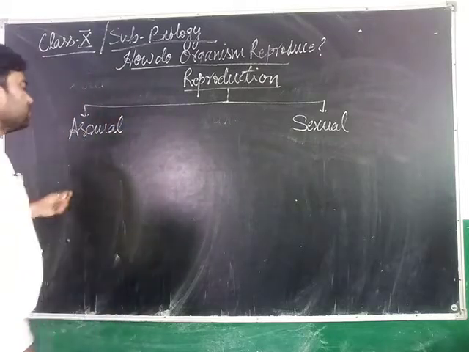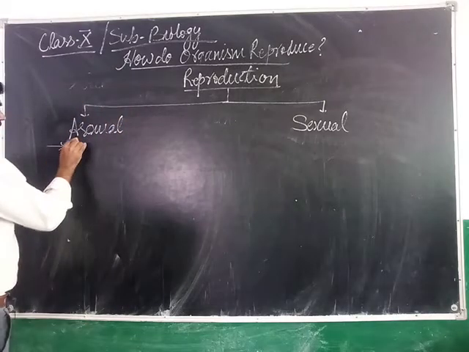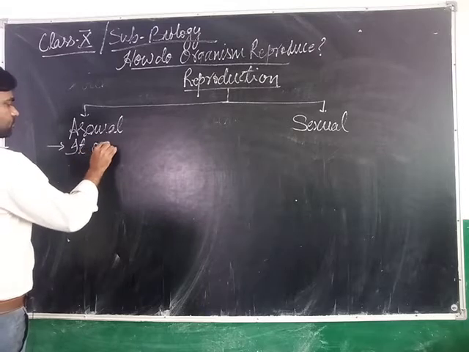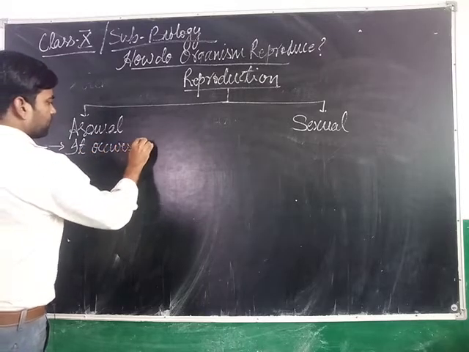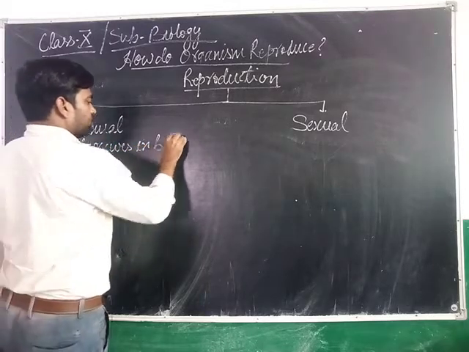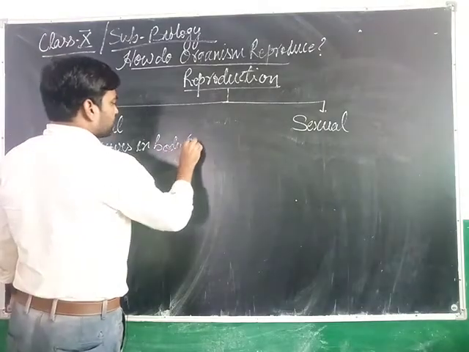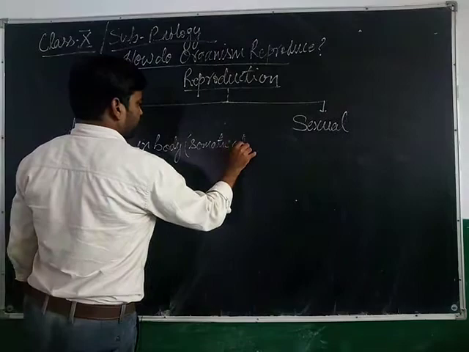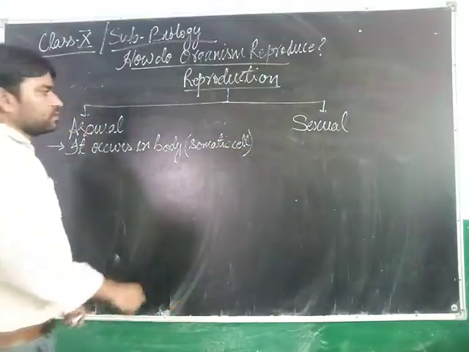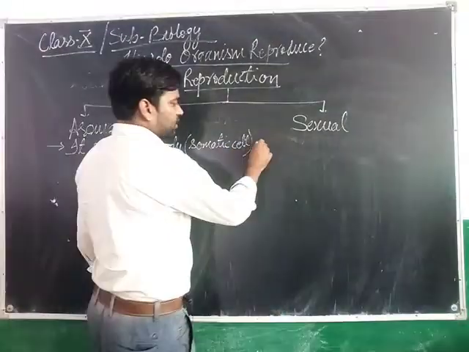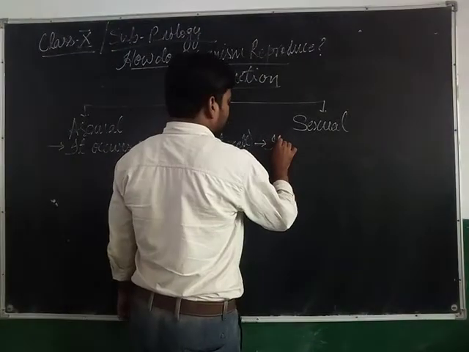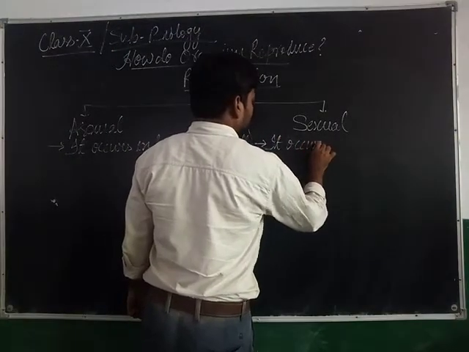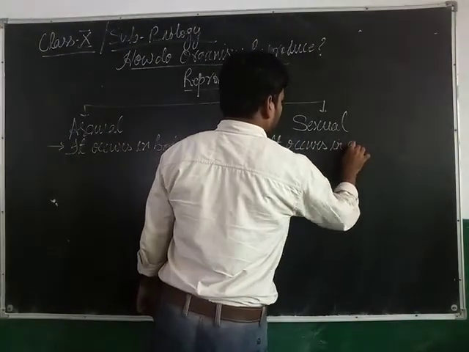First we write down, beta: asexual reproduction occurs in body cells. Body cell is also known as somatic cell. Sexual reproduction occurs in germinal cells.